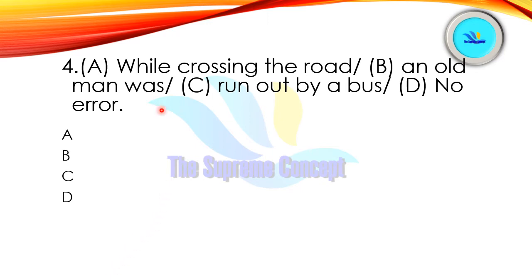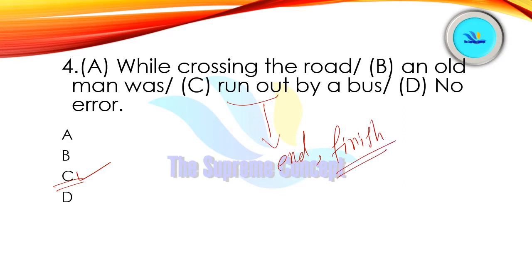Question number 4. While crossing the road, an old man was run out by a bus. Now find out your answer. Yes, you're right. The error lies in part C. Don't get confused with "run out". Run out means to end something, or finish.